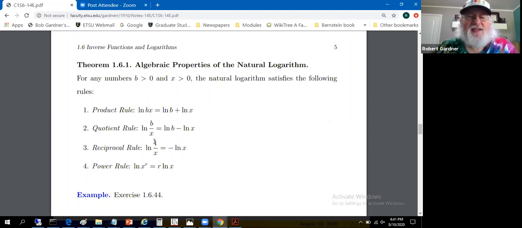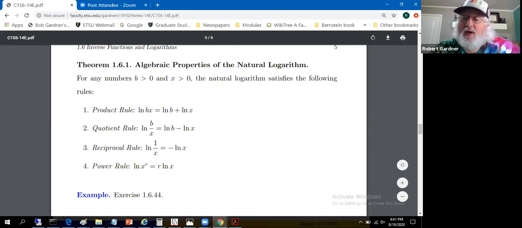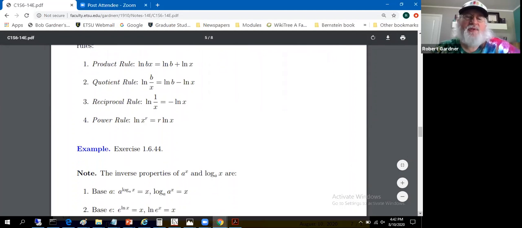So the fact that these, the first three at least, remind me of behaviors of exponents, that ain't a coincidence. And the final power rule is the natural log of x to the r power is r times the natural log of x, so that r exponent comes out front when inside a natural log function or any log function, it turns out.